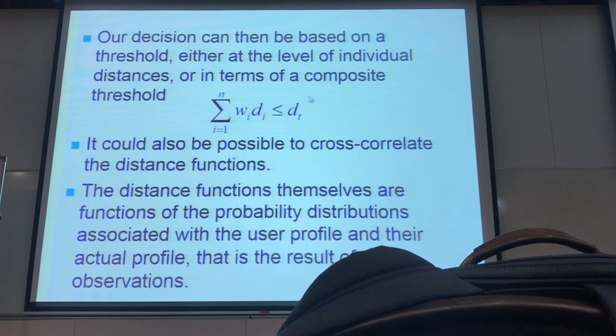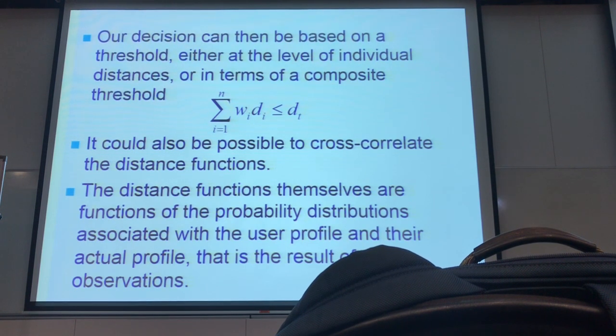You add this weighted sum together and compare it with the threshold. The threshold is for the whole system, right? If you add up the weighted distances for all the measurements, and the sum is smaller than the threshold, that means the active profile and the normal base profile are close.